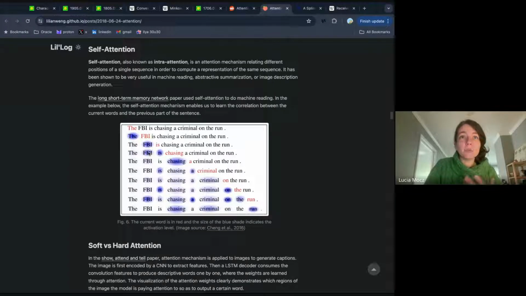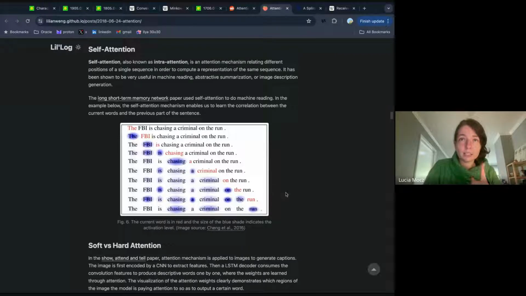I'm going to say that a bolder blue is above the threshold. FBI are both very highly correlated to chasing, and chasing is very highly correlated with itself. So for chasing, the intrinsic dimension is going to be 3. It's the fourth word in the sequence, but it's very highly attention-correlated with 3 before that.